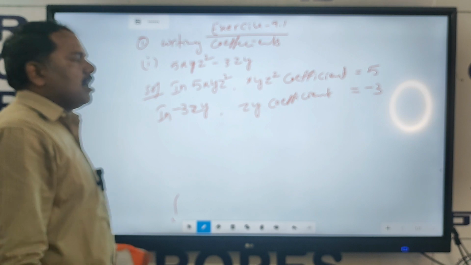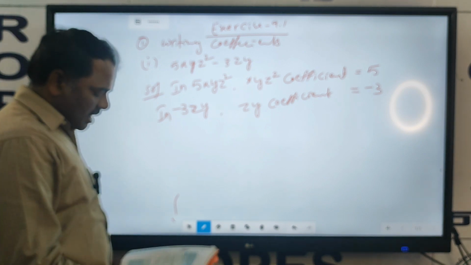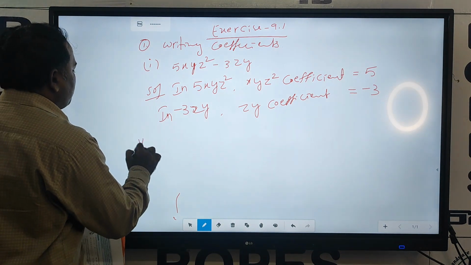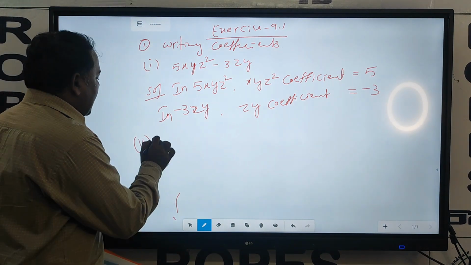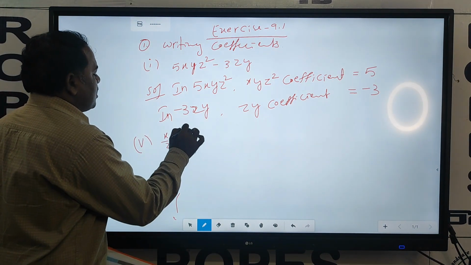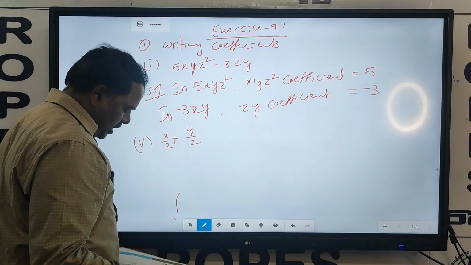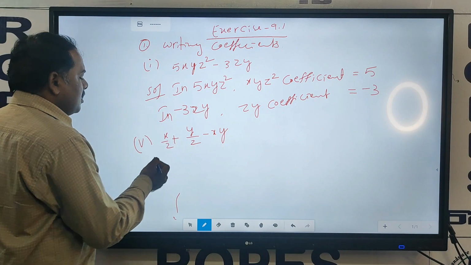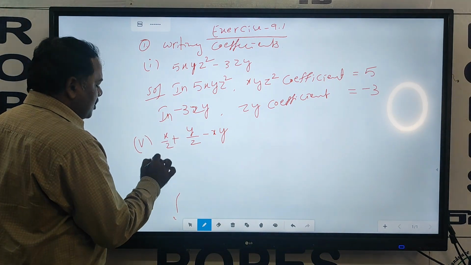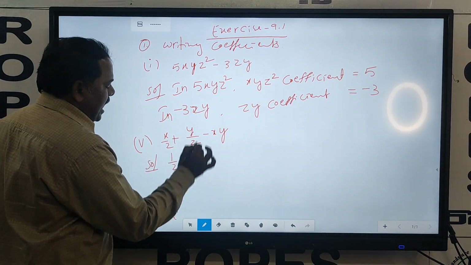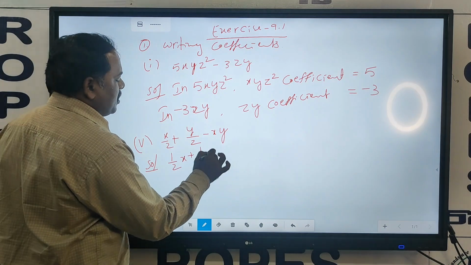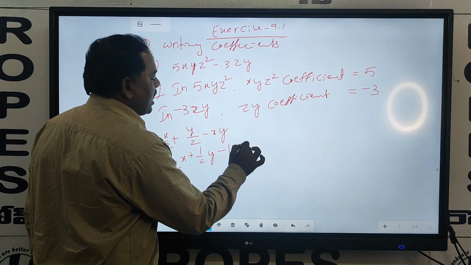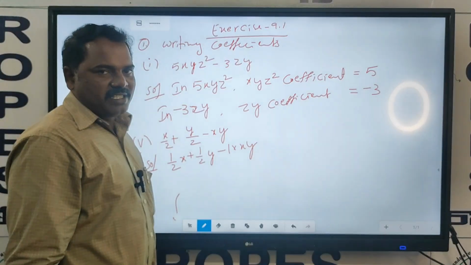In the first Roman, totally they gave 6 questions. That's we have to write. Now fifth one in that. Fifth one, see, x by 2 plus y by 2 minus xy they given. In this one, we can write as, 1 by 2 into x plus 1 by 2 into y minus 1 into xy. Like this we have to write first.